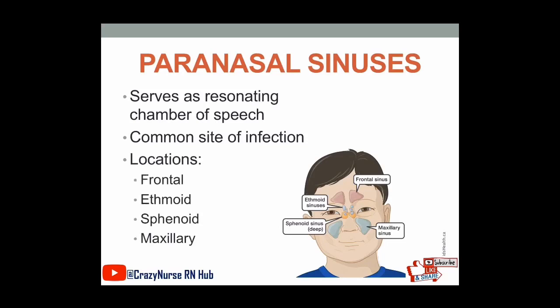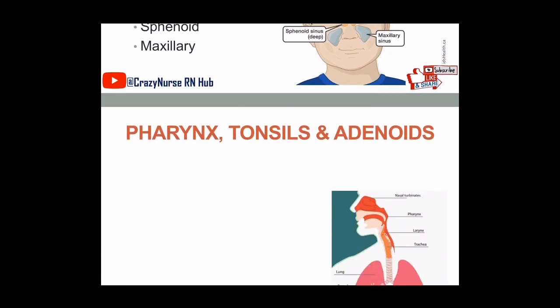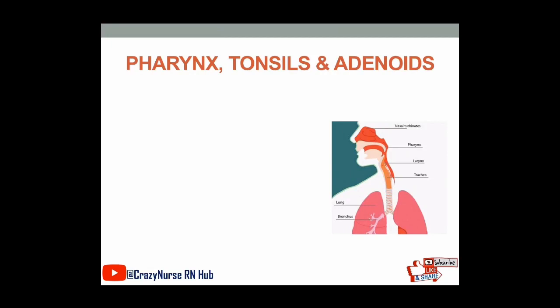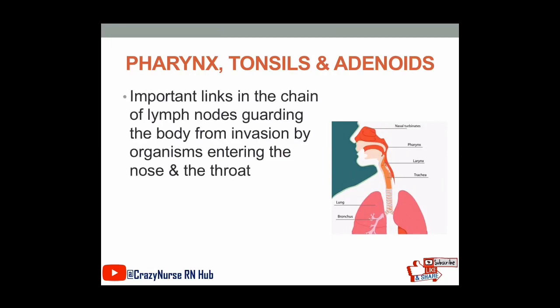We also have different locations of your sinuses. I have here a picture that will serve as your guide on the different locations of your sinuses. To name the locations of your sinuses, we have your frontal, ethmoid, sphenoid, and maxillary. Now we have your pharynx, tonsils, and adenoids. These are important links in the chain of lymph nodes guarding the body from invasion by organisms entering the nose and the throat.